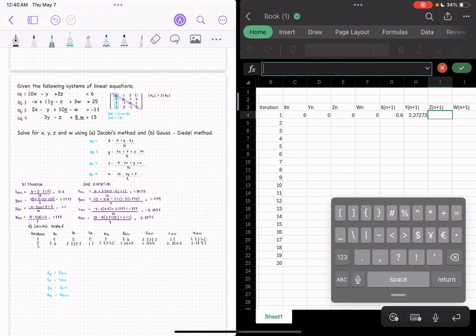For our z, that would be negative 11 minus 2 times our x plus y plus w, all over 10.